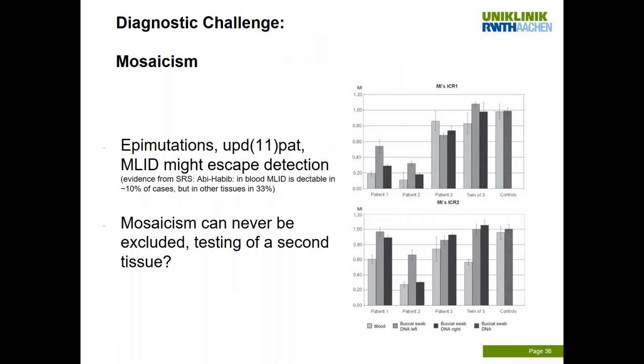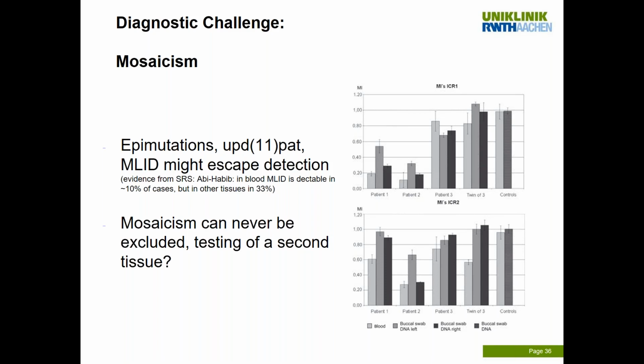Mosaicism is a challenge. I've already told you that. You might remember human geneticists write in reports that mosaicism cannot be excluded. This is a very important message for you: you can never exclude mosaicism for epimutations or UPD11 in Beckwith-Wiedemann syndrome.